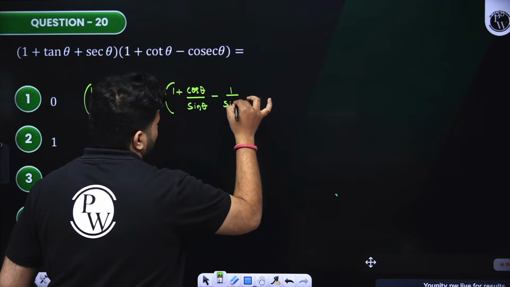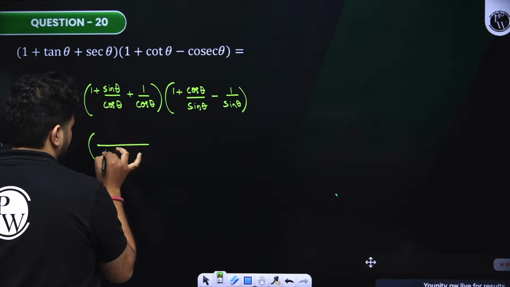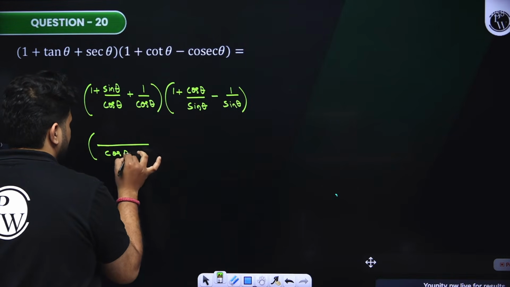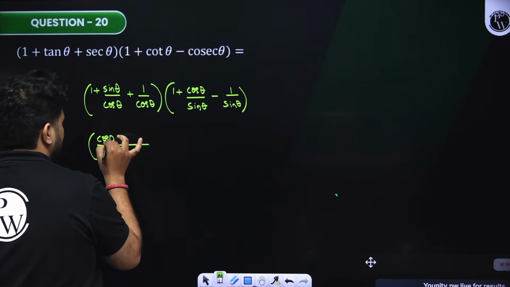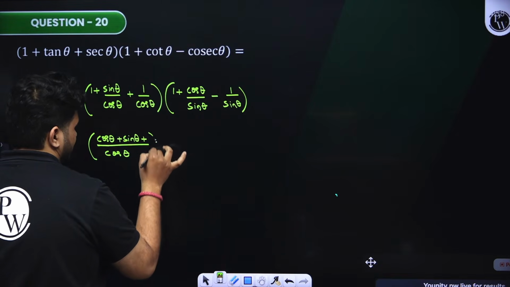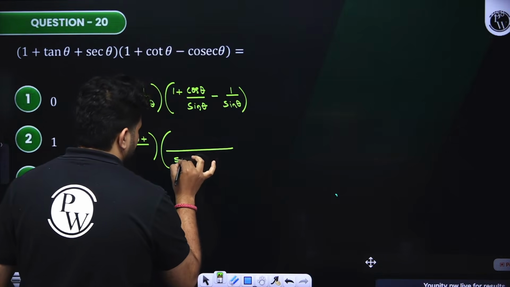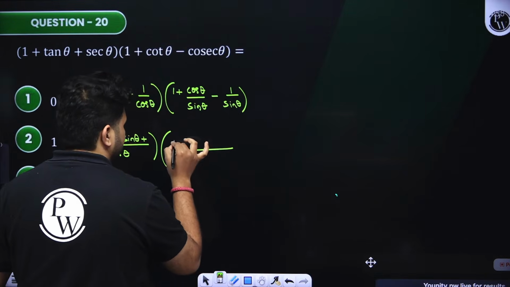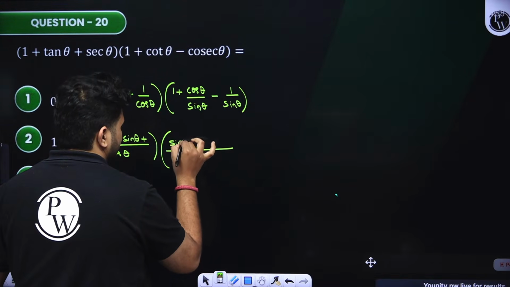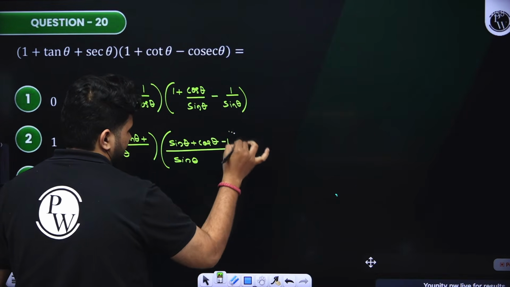Now let us take the LCM and see what simplification happens. Here the LCM is cos theta, so we need to multiply by cos theta, sin theta plus 1. Here also, students, if you observe, the LCM is sin theta. So here we need to multiply by sin theta plus cos theta minus 1. Clear?